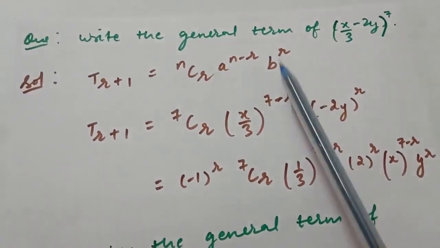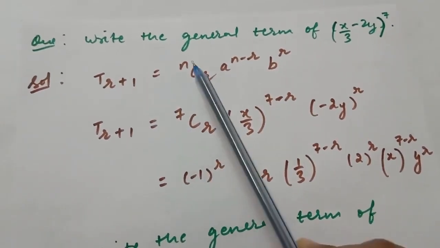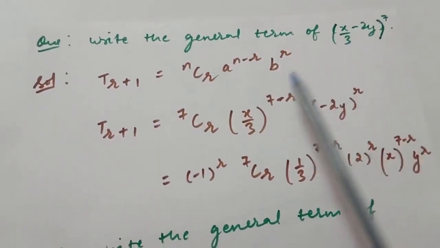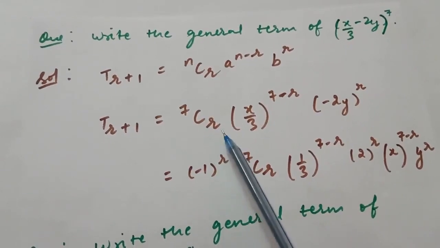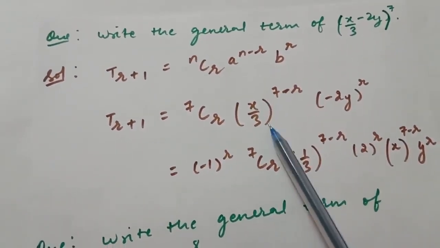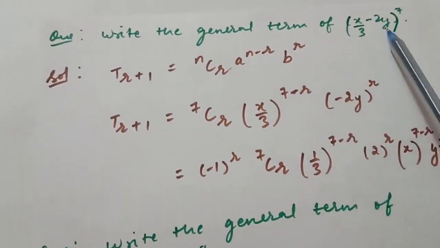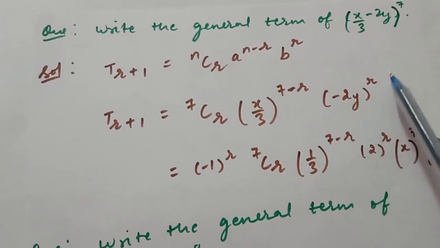So we just have to find the general term, that is the (r+1)th term. So in place of n, write 7Cr, a is x upon 3, so (x/3) raised to the power 7 minus r, and b is minus 2y, so (minus 2y) raised to the power r.